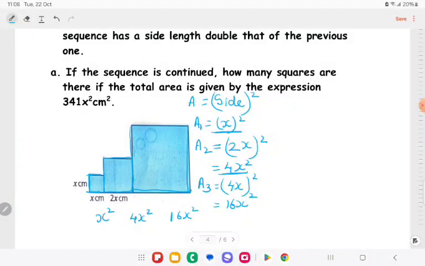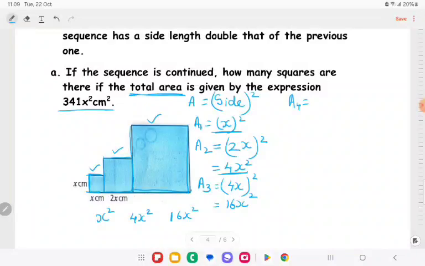Then what does question 4a say? If the sequence is continued, how many squares are there if the total area is given by the expression 341x square centimeters square? So total area means you will have to add the area of the first square, second square, third square, and so on. Children, what is the fourth square?